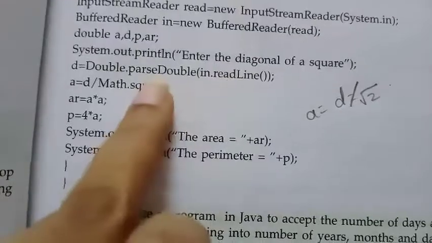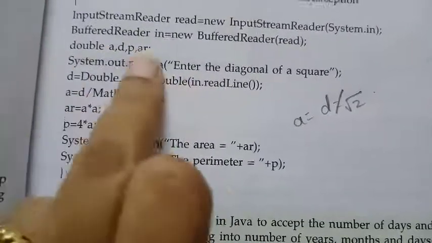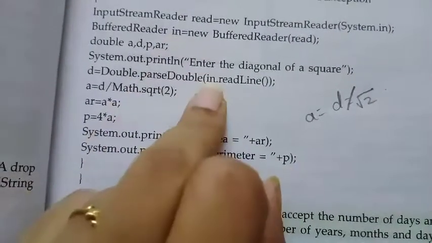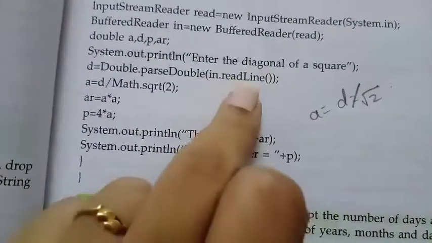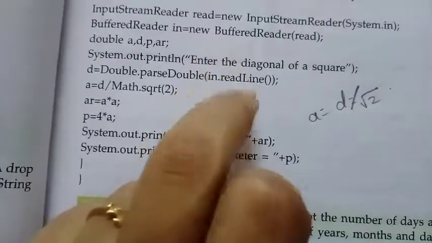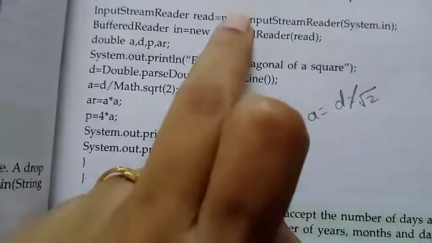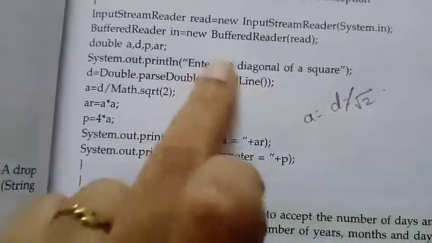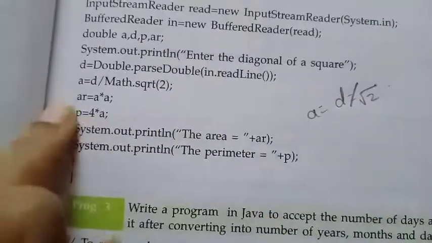So you are converting it into a double using this class and method. And n is your BufferedReader object, and readLine is your function inside the BufferedReader class to accept the data from the user and give it here. Okay, for that only this n.readLine is there.